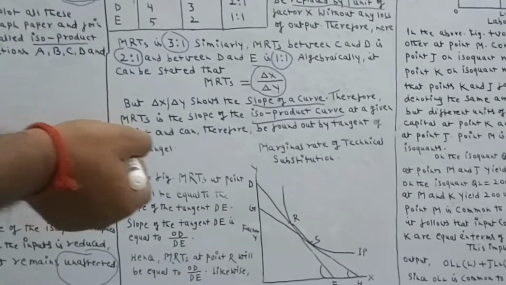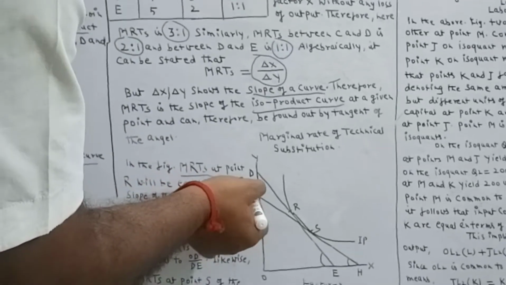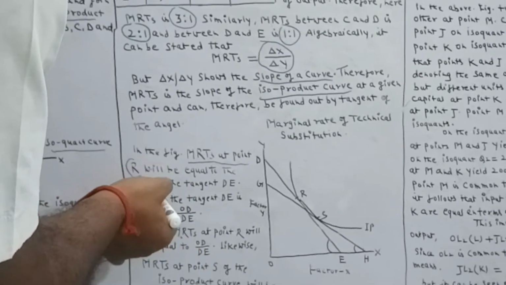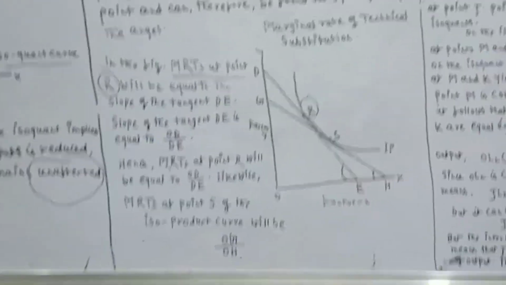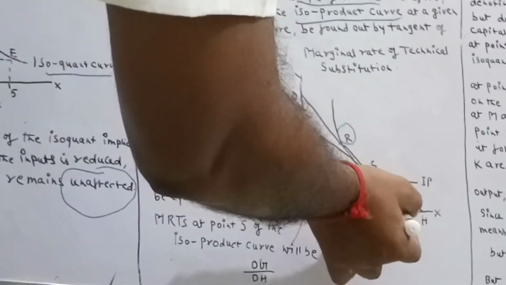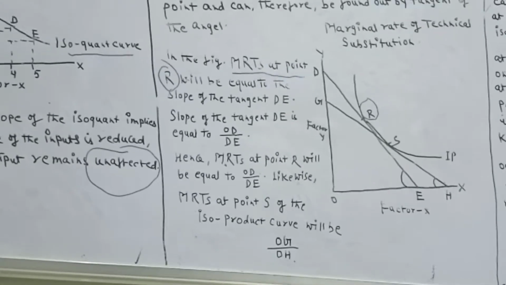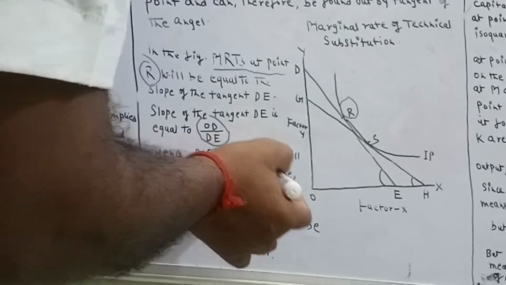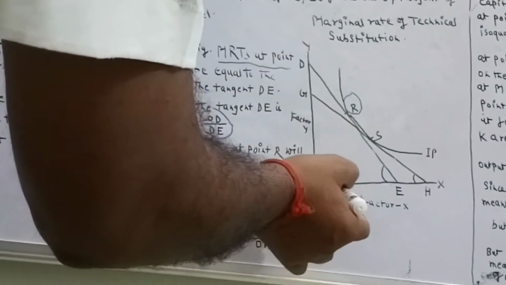In the figure, MRTS at point R will be equal to the slope of the tangent DE. The slope of the tangent DE is equal to OD by DE.